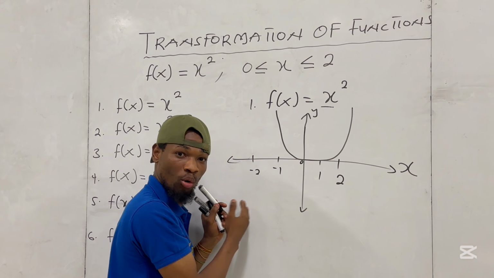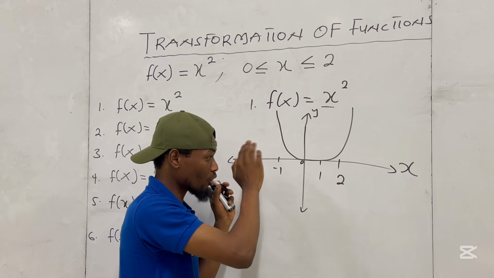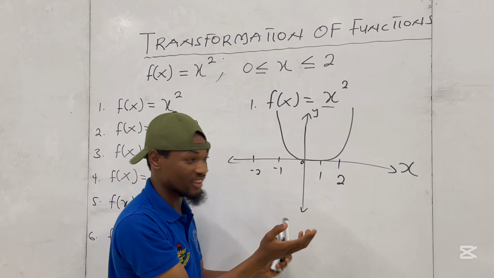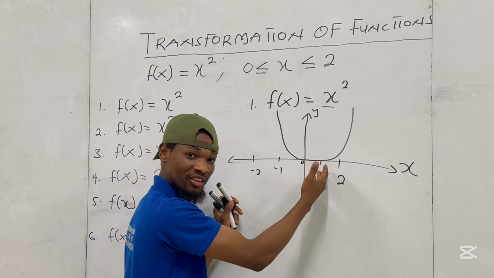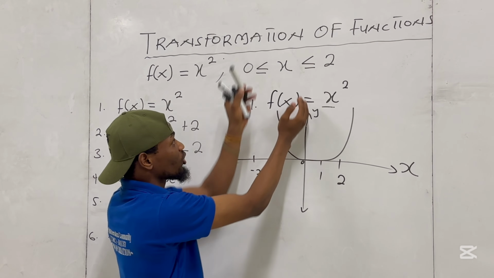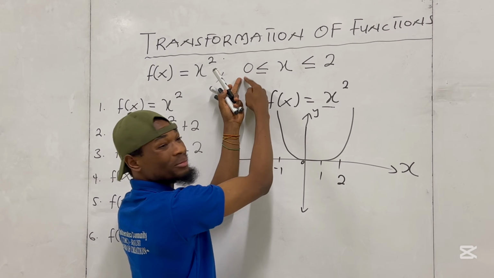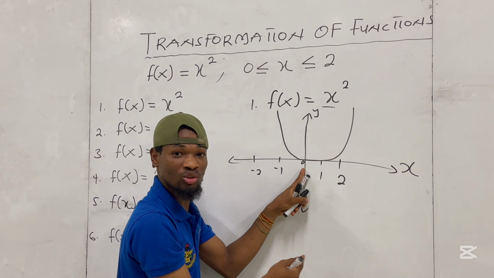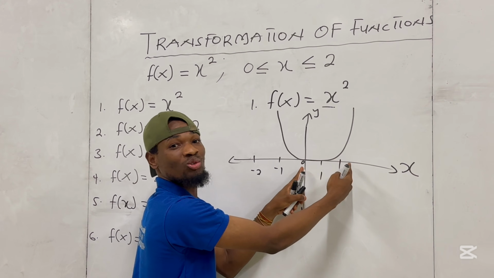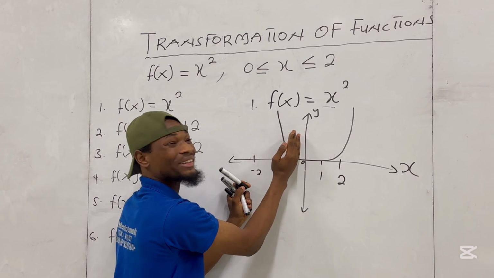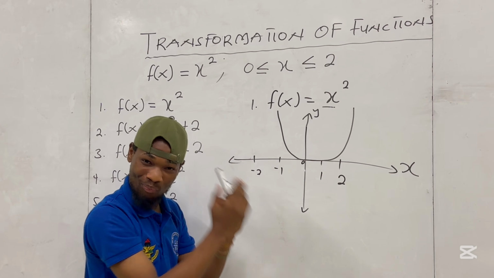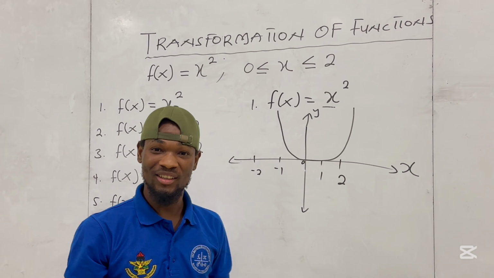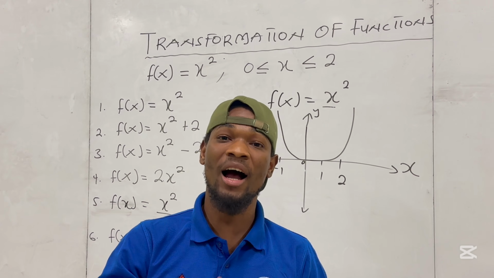Is it the negative portion or the positive portion? Clearly, I'll work with the positive portion because of this. So look at the interval, from 0 to 2. So where is my 0? This is my 0 to 2. As a result of that, I would discard this portion. So the graph becomes this.